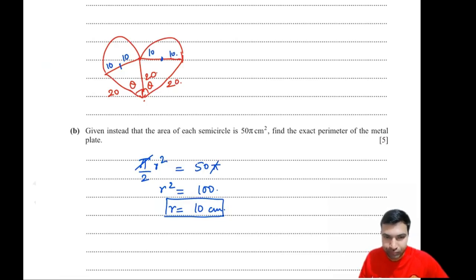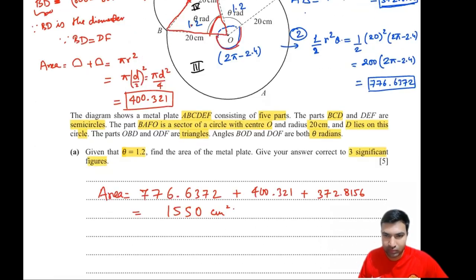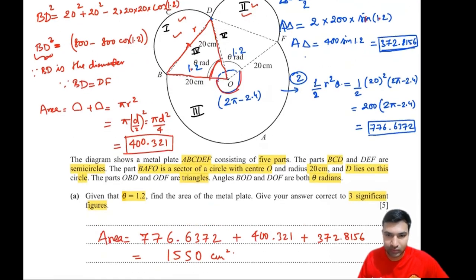Okay, perfect. Now we have to find the exact perimeter of the metal plate. All right. So now one thing is important. In order to find the complete thing, we have to find the arc length, isn't it? So the complete arc length BF.